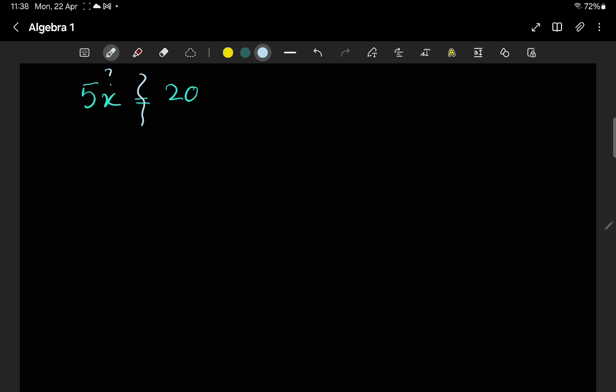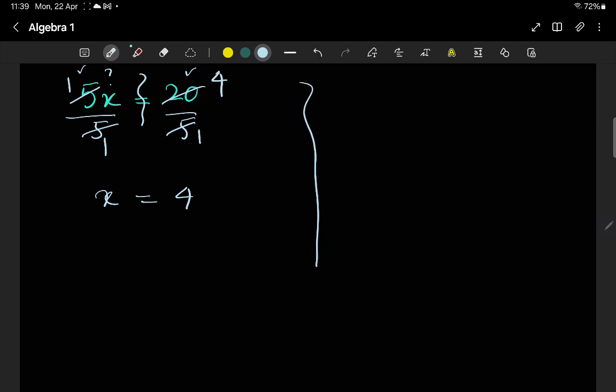One way is, here we can see we have 5 and here we have 20, both are the multiples of 5. So what we can do, we divide both sides with 5. So 5 times 1, 5 times 1, 5 times 4, so we get x equals to 4. This is one way.